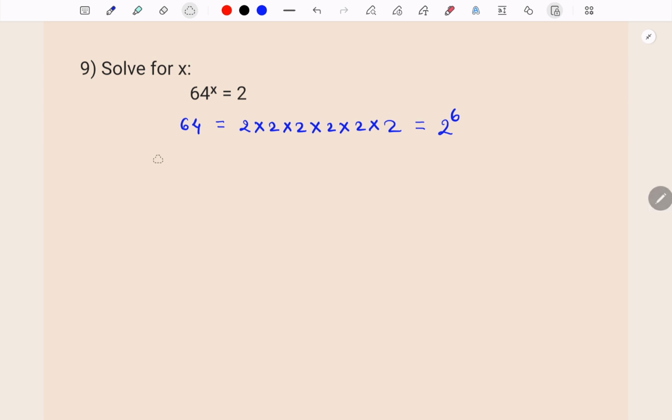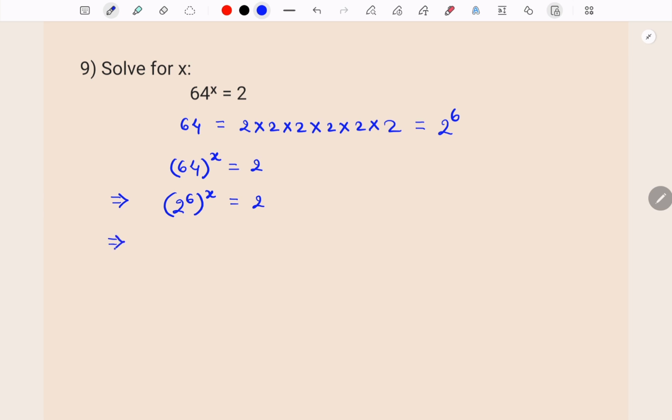We have 64 raised to the power of x equals 2, right? So now I will replace 64 with 2 raised to the power 6. So 64 is actually 2 raised to the power 6, and then we have this x present outside the bracket equals 2.